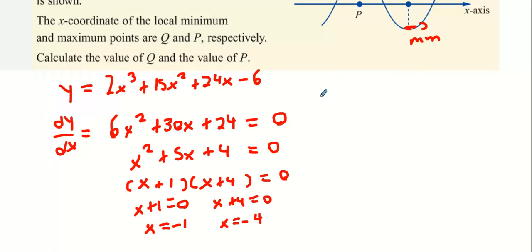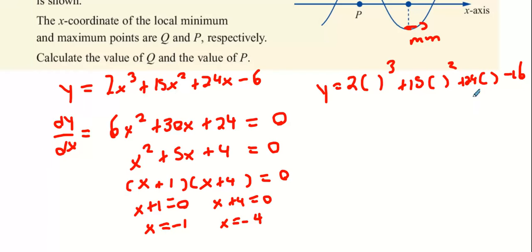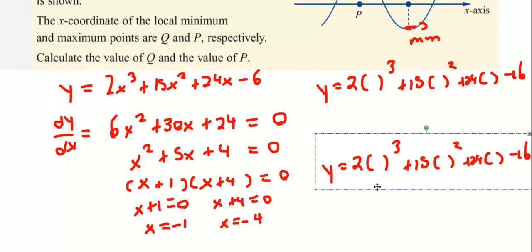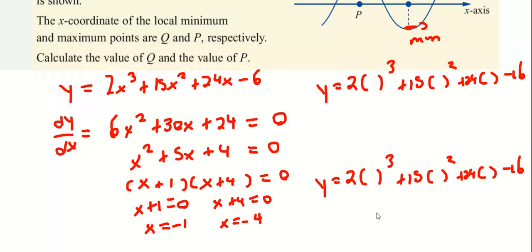Now let's check that out using the original equation. So it's 2 times something cubed plus 15 times something squared. So we're going to find the y values for the two x values. You're going to have to do this twice. Best to show your workings. Don't just take it down from the calculator, because you might lose some of your marks for doing that. So what we get is minus 1, minus 1, minus 1, and minus 16.